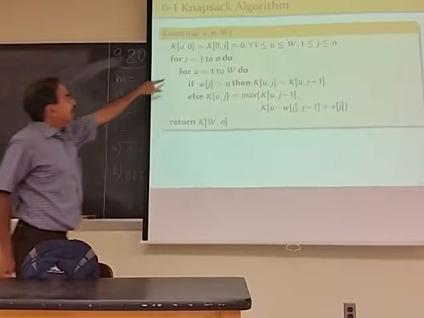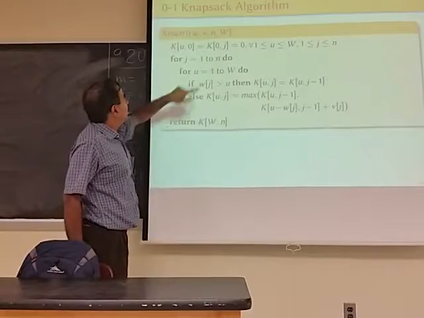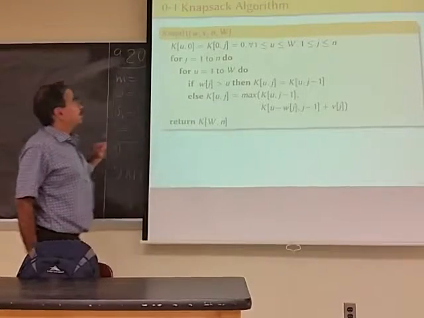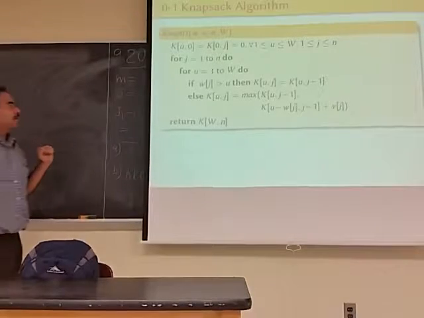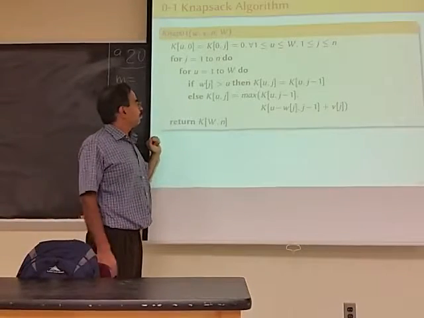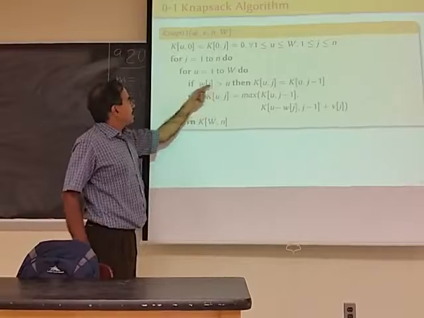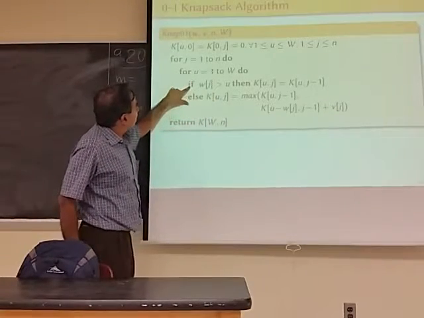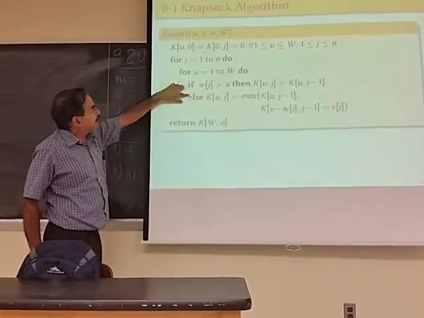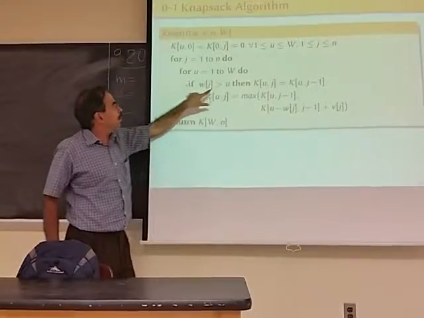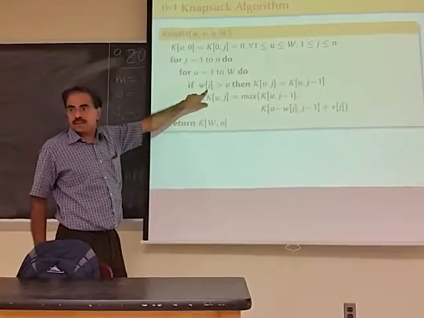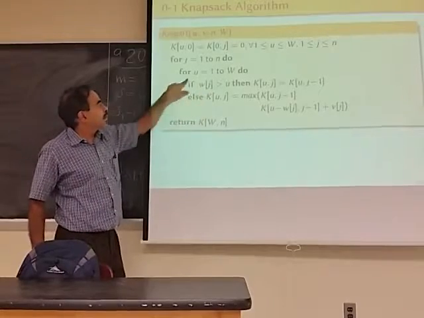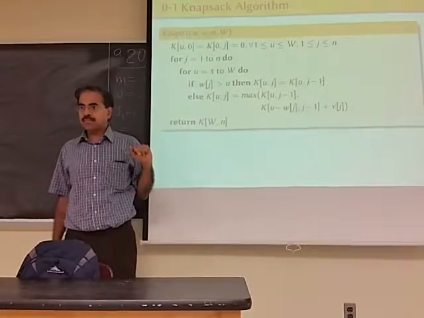And then I have a loop where j goes from 1 to n, and u goes from 1 to W. Within this 1 to W loop, j is already fixed, so the loop body takes only constant time.